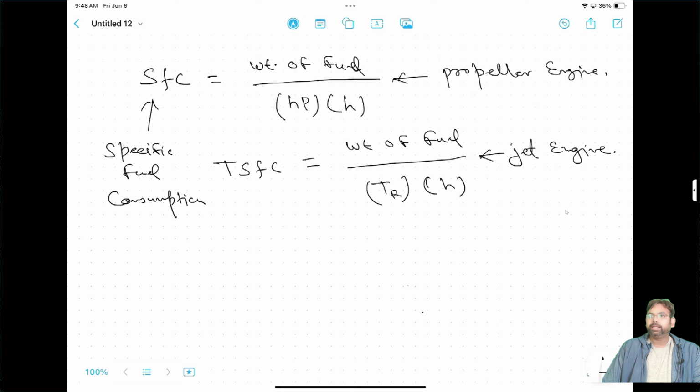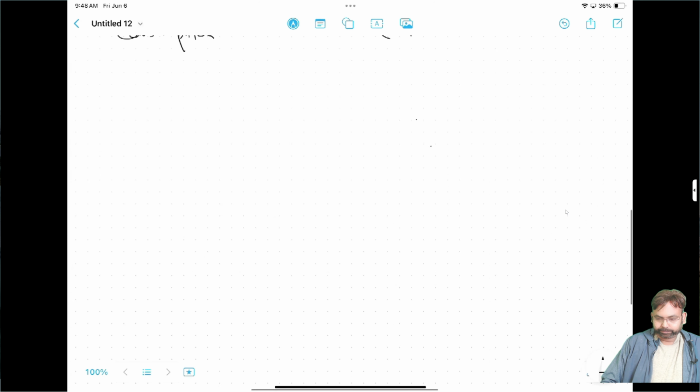So you have to be clear: SFC for a propeller engine is always rated according to horsepower, and for a jet engine according to thrust. Okay, so now we will talk about the propeller engine.